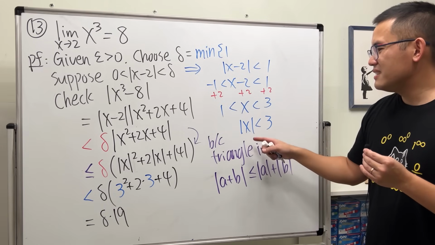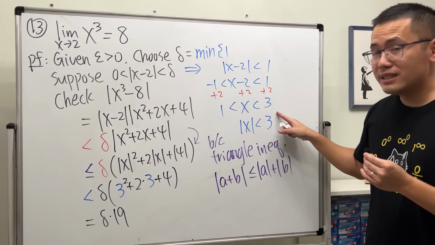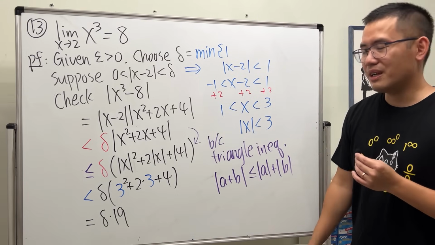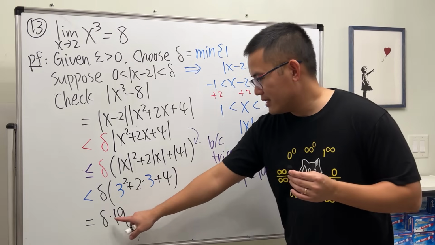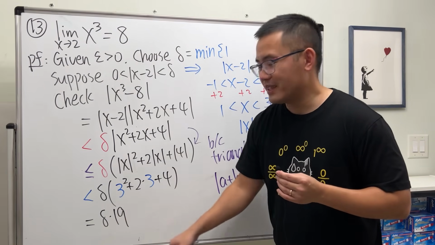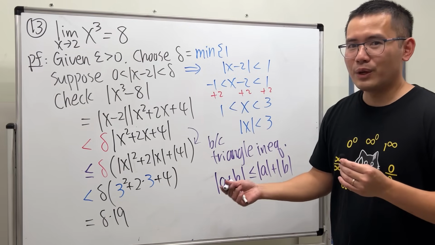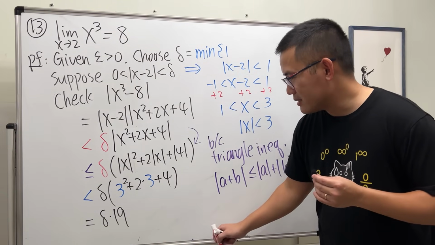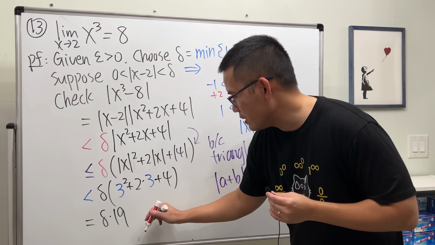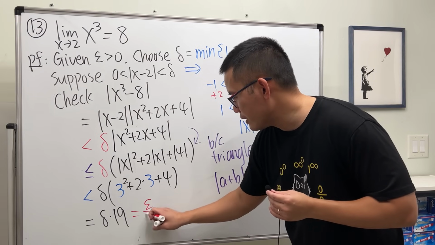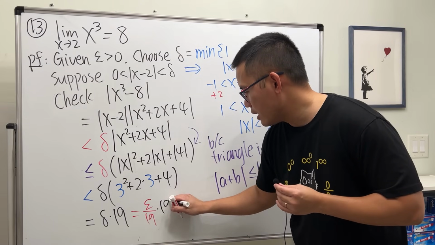So I think it's slightly easier unless you really want to square both sides right here, and then you add it. Yeah. Anyway, delta times 19, and you can just set this to be epsilon. You figure out what delta is, right? But usually this step is just pretty straightforward. This is just going to be put delta to be epsilon over 19, right?